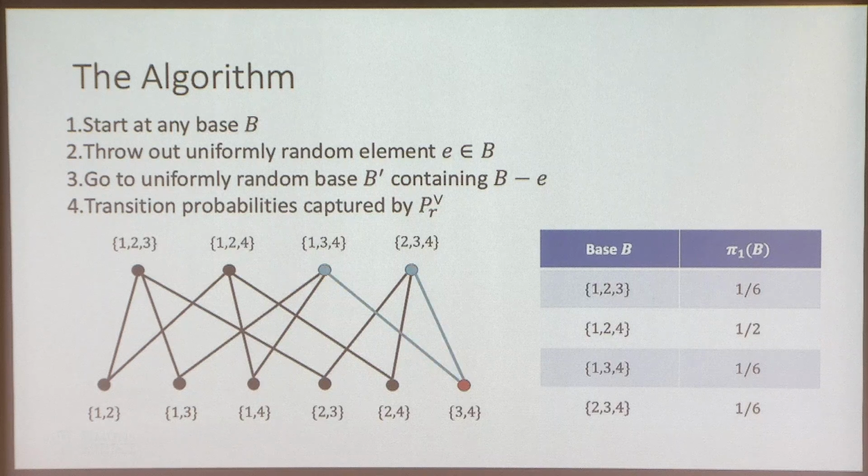And this process continues. And note that you can return to the same base that you were at before. Okay. And you notice that these probabilities are evening out. That's actually what we want it to do. Our goal is, in the end, for this thing to converge, in some sense, to the uniform distribution over all bases.